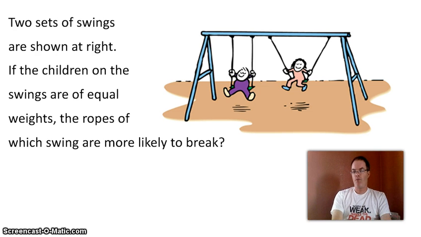Let's have one more look at this. Which child is more safe on the swing set? Is the child in purple or the child in pink? What do you think? As you look at this and apply what we learned about vectors, which swing is more safe?